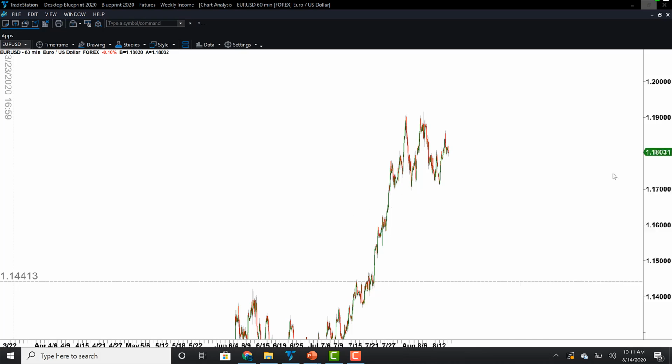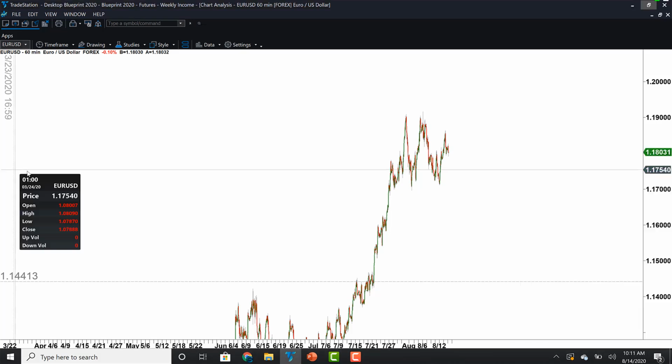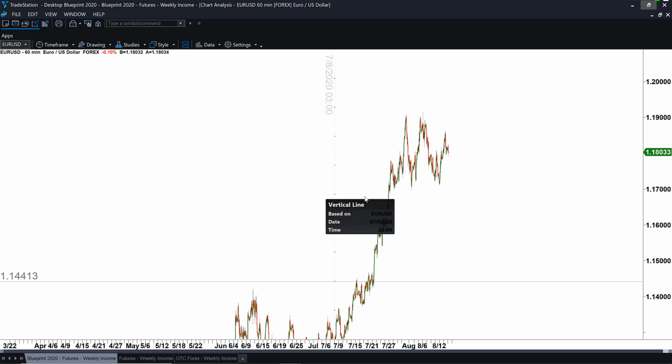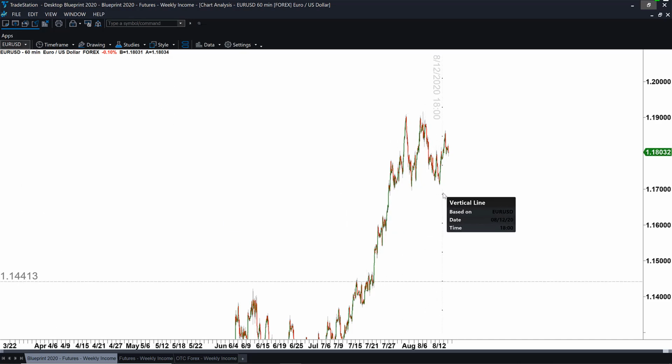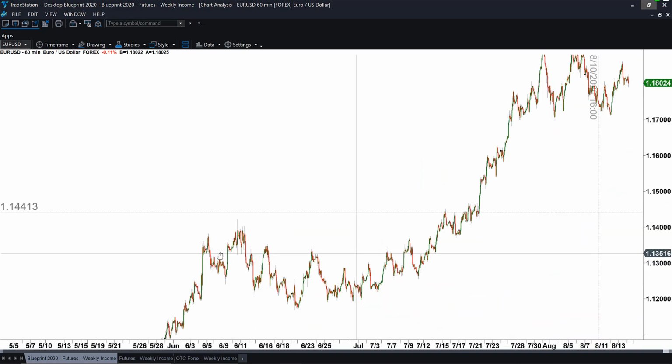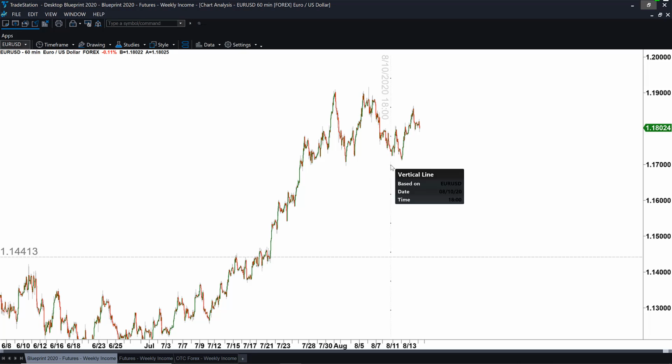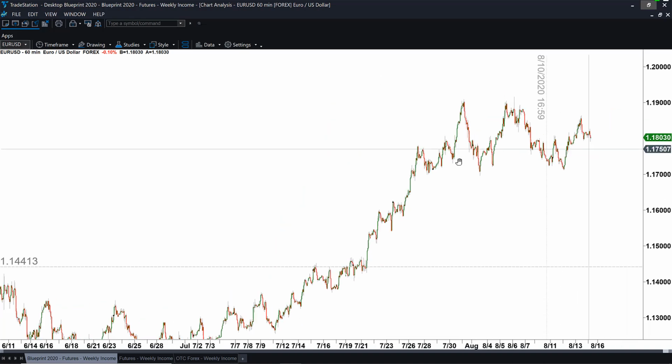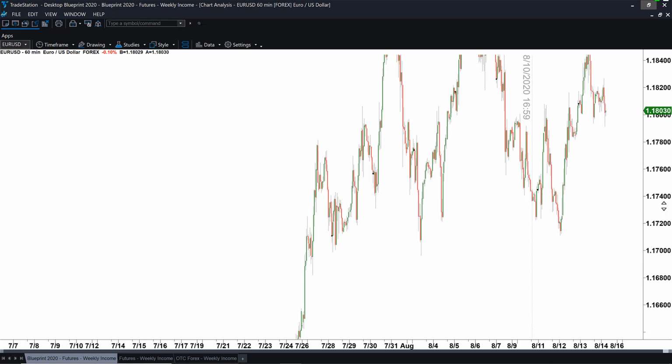Okay, so let me get my vertical line, put it over to the 10th right here, and I also want to see the 5 p.m. mark, which is just about here. Okay, just about here, roughly.